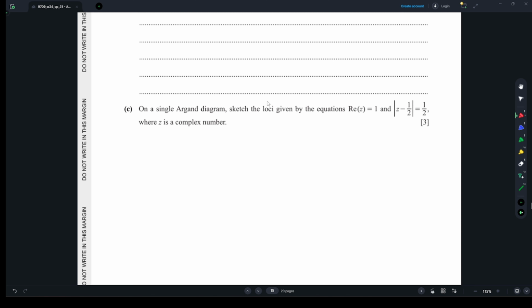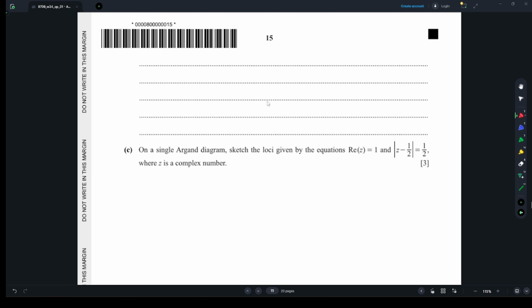Let's say we have a complex number which is x plus iy, and then we have another complex number z1, which is a plus bi. Real z equal 1 is just an easy one, because it's just a straight line. But I'm focusing on this modulus part, z minus z1 equals to r.